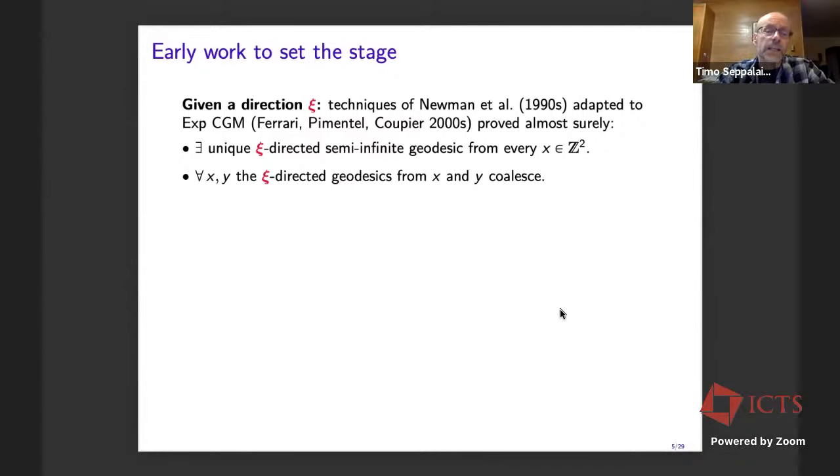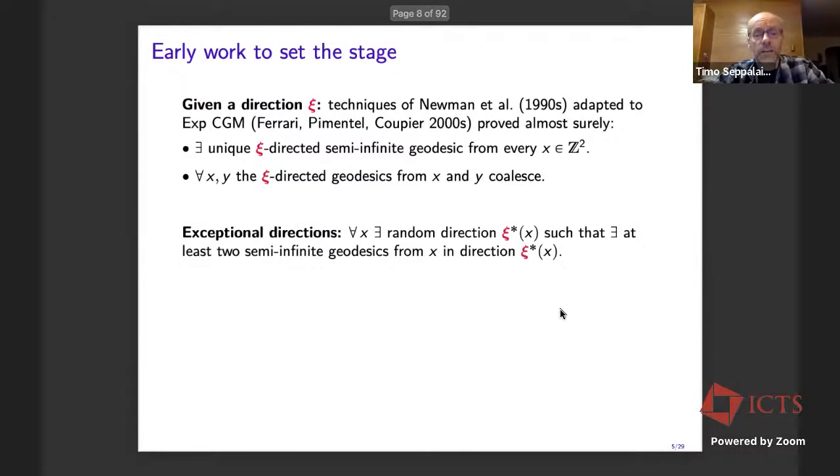And then about a decade later, his ideas migrated over to the corner growth model, the exponential case. And that's where I'll start stating precise results. The first ones from Pablo Ferrari, Leandro Pimentel, David Coupier: they proved that if you fix a direction xi, then there is from each point a unique xi-directed semi-infinite geodesic. And any two of them coalesce.